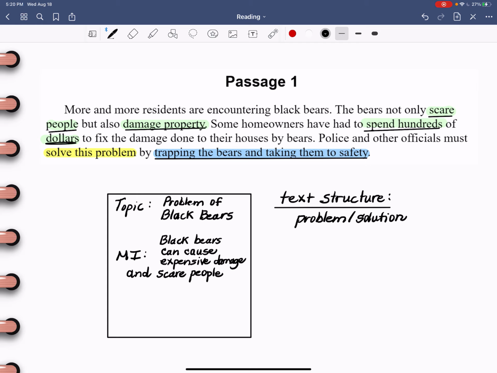There is my problem. Again, this is one sentence, so I'm going to add a conjunction. But they can be trapped and moved.